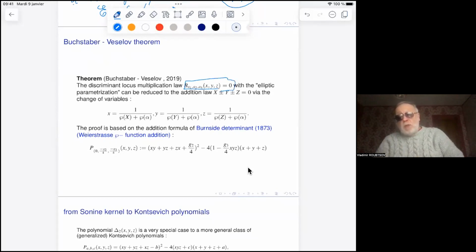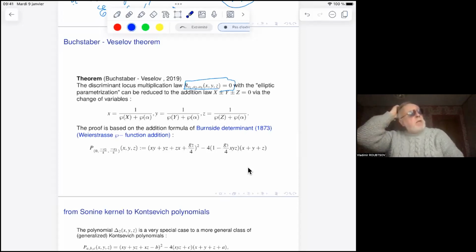And of course, we can now make the following observation. First idea: what kind of addition law might it be, what kind of group structure on the product of the elliptic curve quotiented by the involution can you obtain?